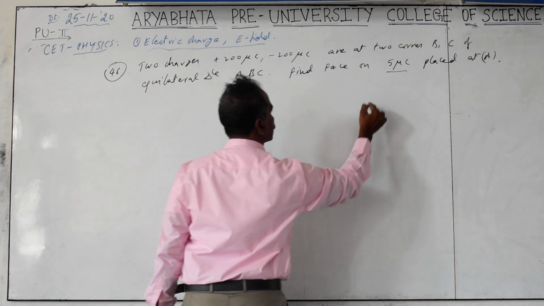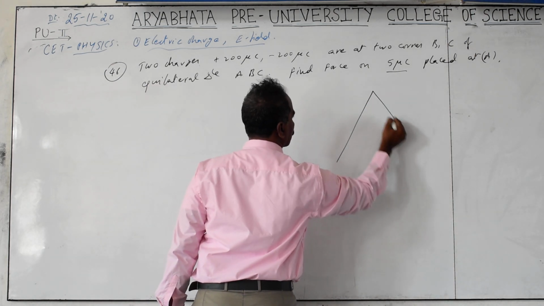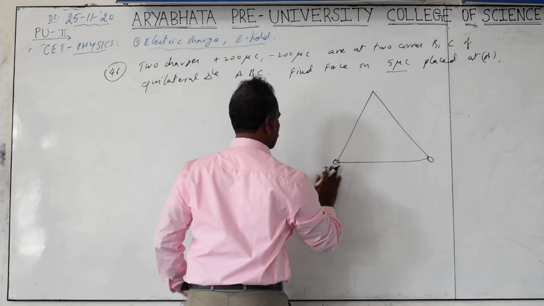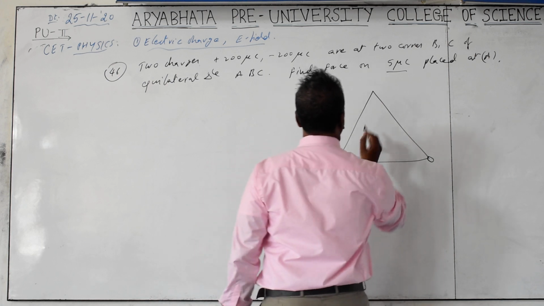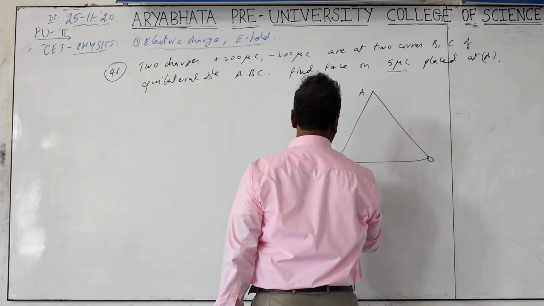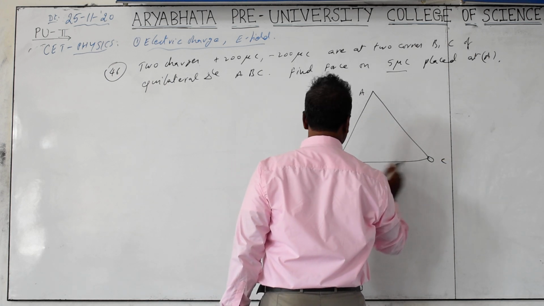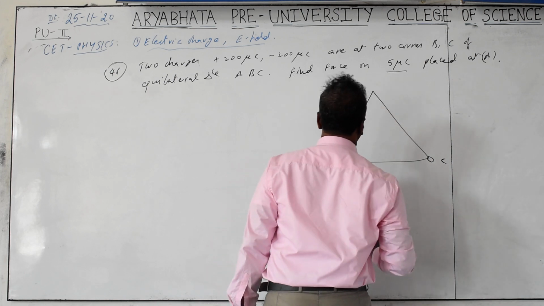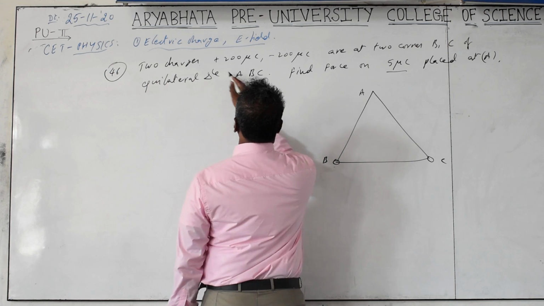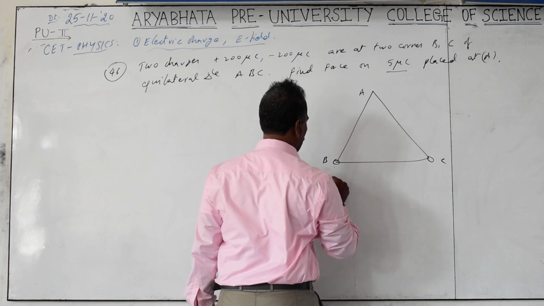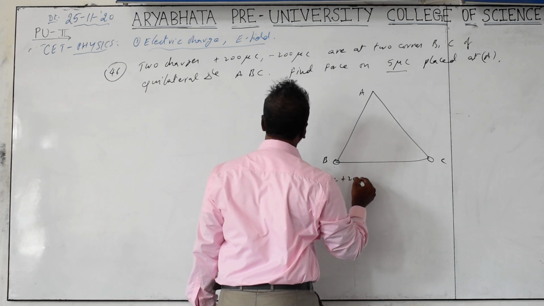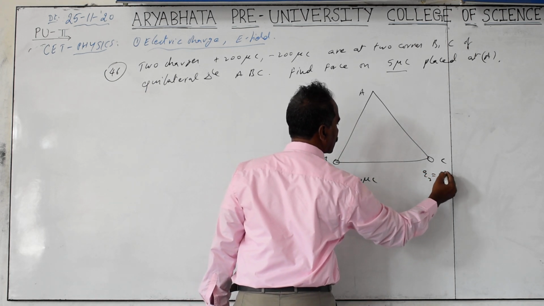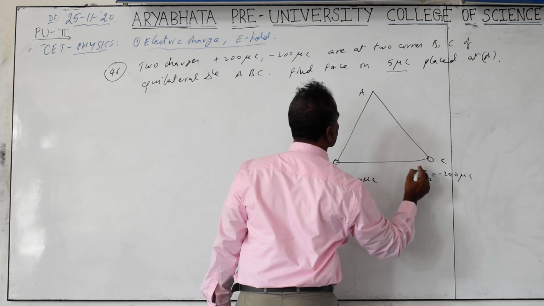We have a triangle A, B, C. Three charges: the first two are given as plus 200 microcoulombs and minus 200 microcoulombs. So Q1 is plus 200 microcoulombs, Q2 is minus 200 microcoulombs.